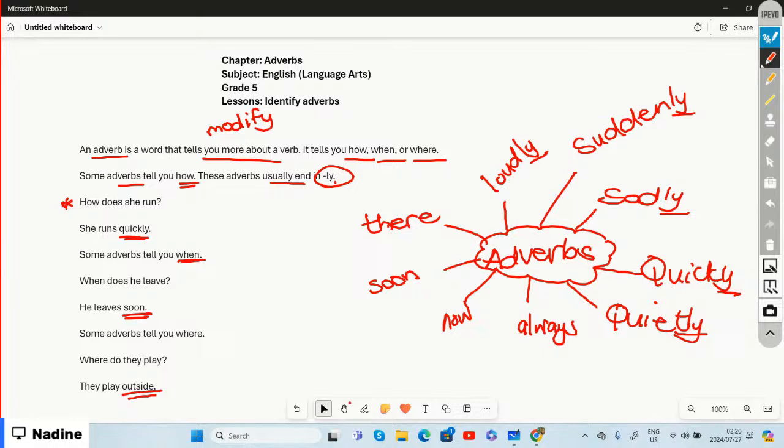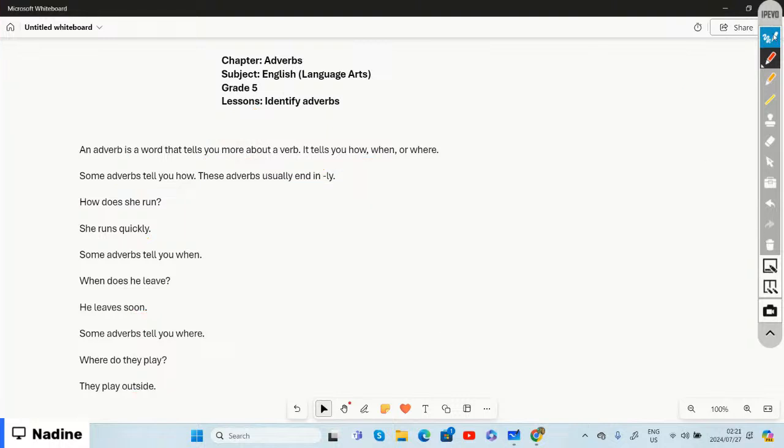All right, so now if we look at a few examples where we are going to identify adverbs, right?